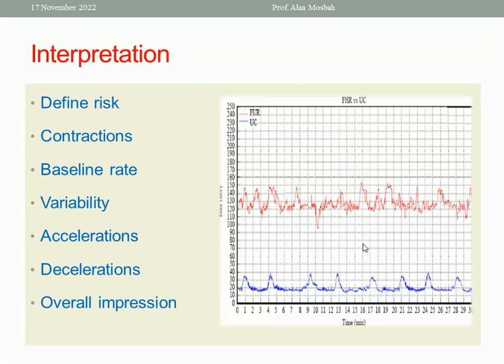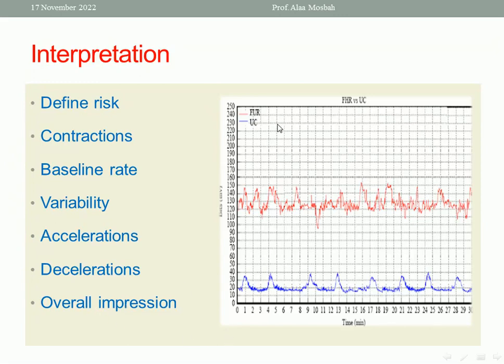But if you follow up the CTG, you will find it resolved completely and suddenly. Okay? So this ominous sign with absent beat-to-beat variability is called the sinusoidal pattern. Okay?